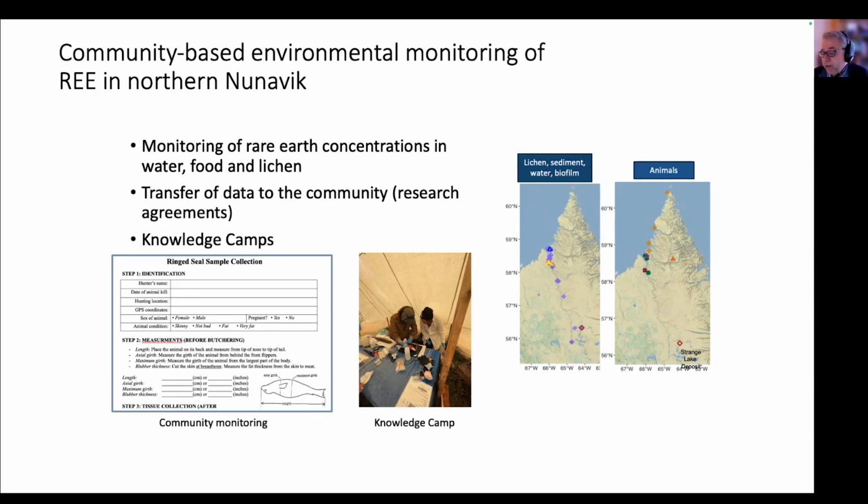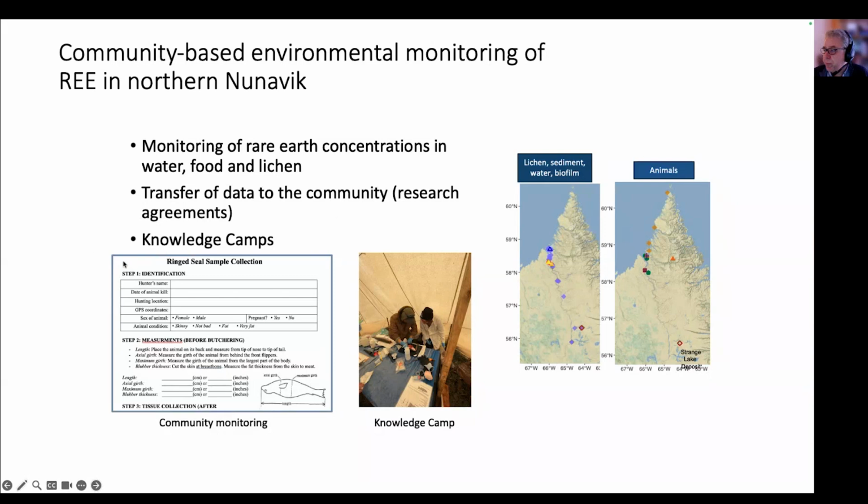There's still a problem of shifting diet towards a Western diet, which entails issues of calcium deficiency, iron deficiency, diabetes. Many health issues are related to the fact that they are not using their country food as much as they did in the past.